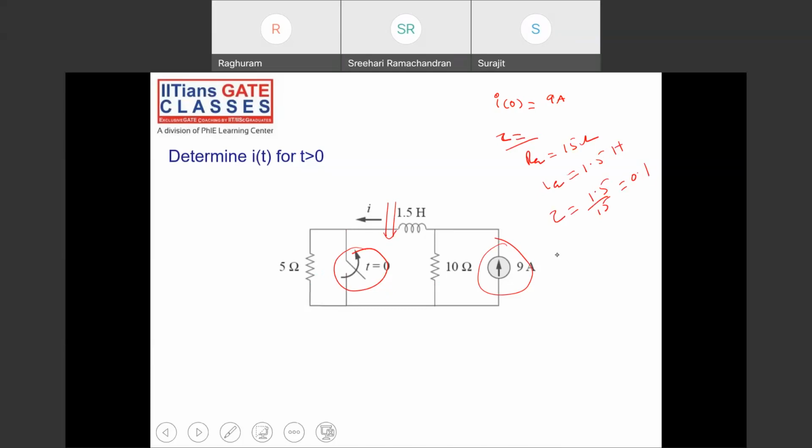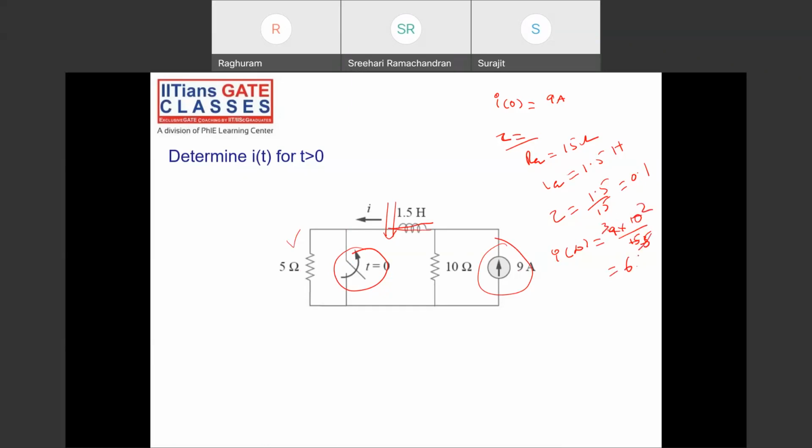Then I of infinity directly. After the switching action, the switch is opened, so this comes into action. So 9 amps gets divided between 5 ohms and 10 ohms. Again a steady state. So this will become 9 into 10, opposite resistance by total resistance: 3 fives, 3 threes, 5 twos.